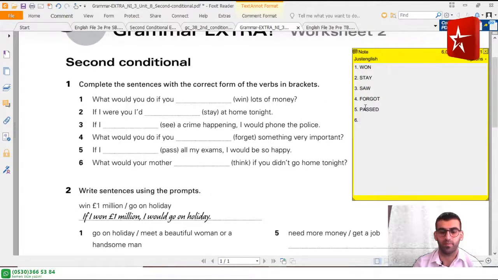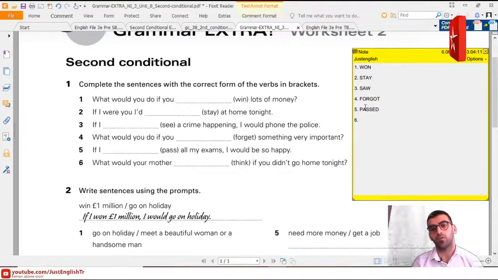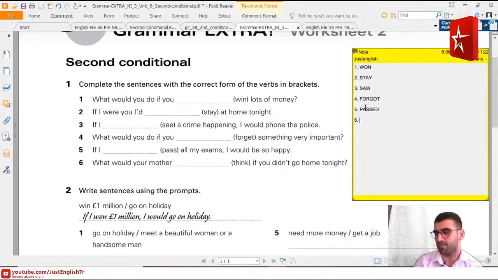And the last sentence of the first exercise, what would your mother if you didn't go home tonight? What would your mother thought, not think? Think is a present simple form, yes, but we have to use a past simple form there. Sorry, it's a main clause.